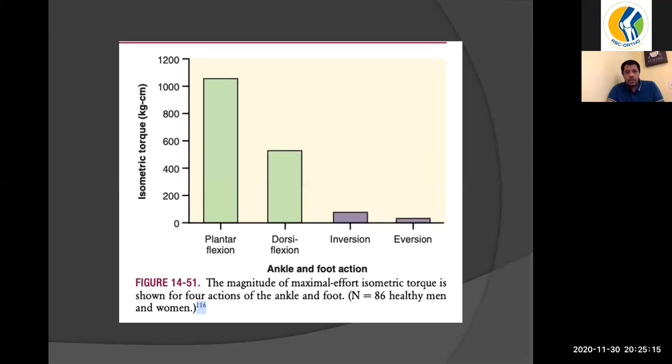Okay, so this diagram here explains how much torque, or how much isometric torque or maximum effort, is usually applied through the ankle joint when you are doing this kind of movement.